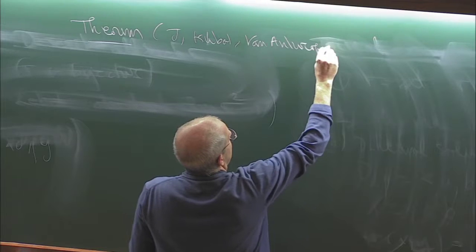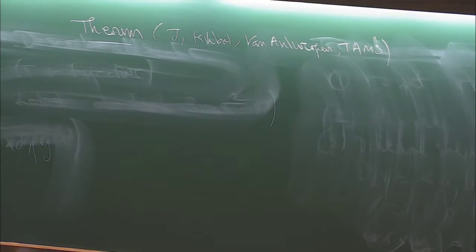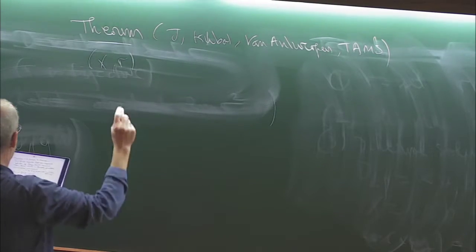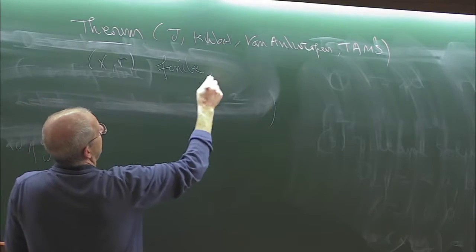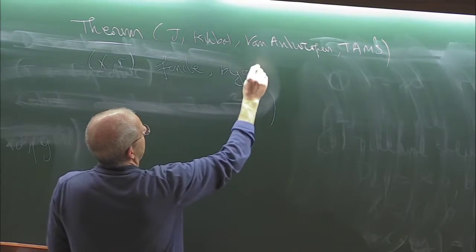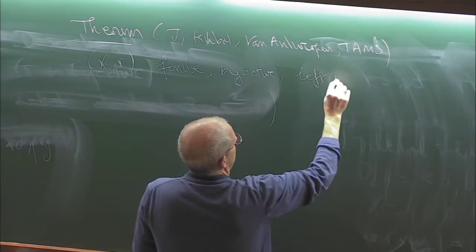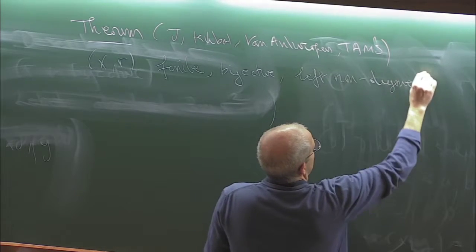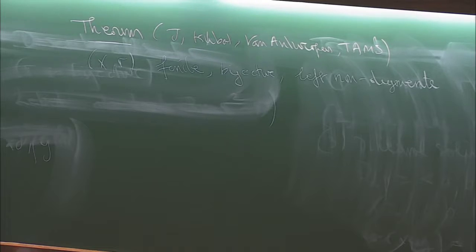And it's already available online in the Transactions. And it says the following. So (X,R) is here, we assume it's finite, which means X is finite. Bijective, the R left non-degenerate, solution of the Yang-Baxter equation.